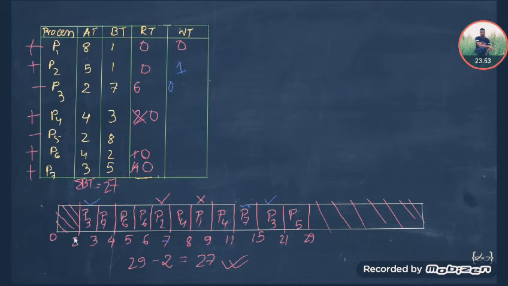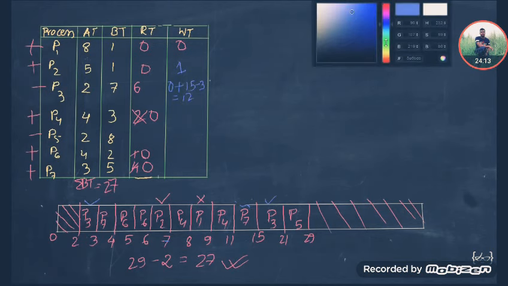So first we get visiting time minus arrival time, which is 2 minus 2, and then visiting time minus finishing time, which is 15 minus 3. So 0 plus 15 minus 3 is 12.